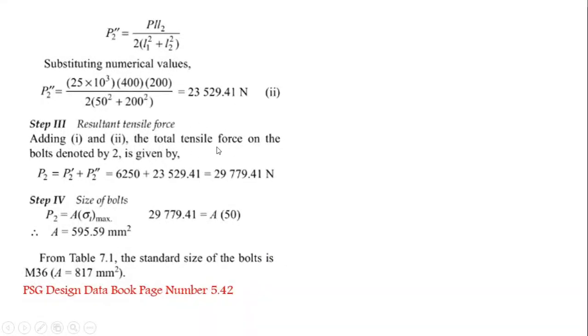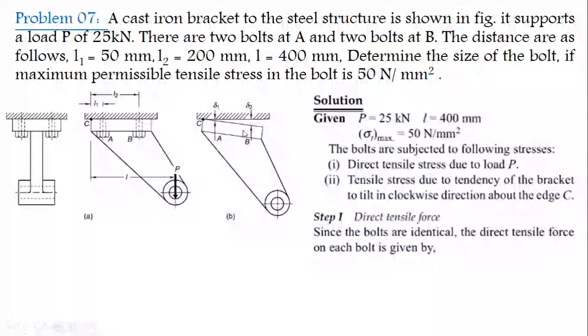The total tensile force on the bolt is denoted by P2. Why are we taking bolt 2? Because at point 2 we get the maximum force acting, only here.